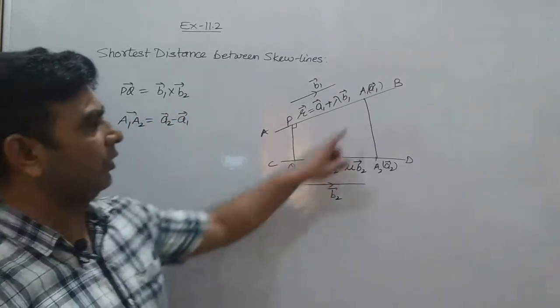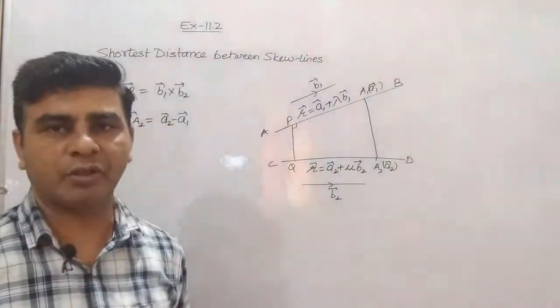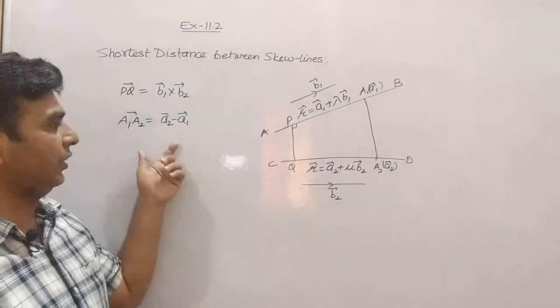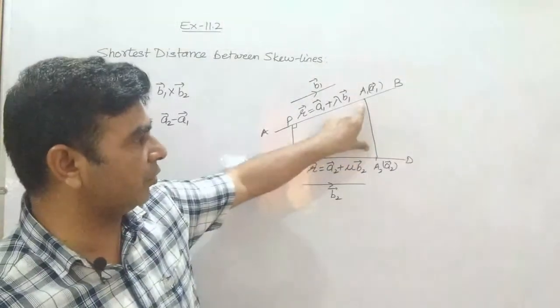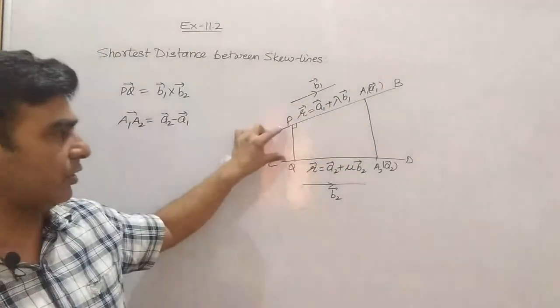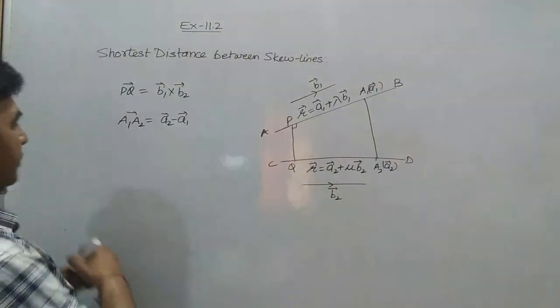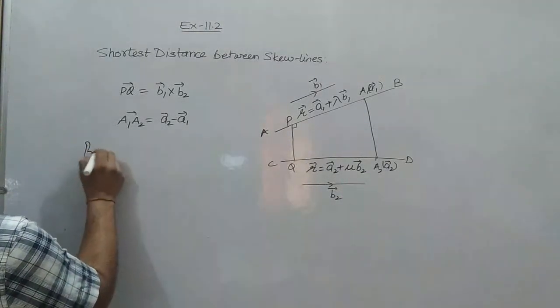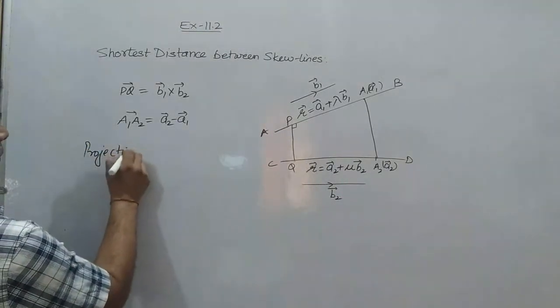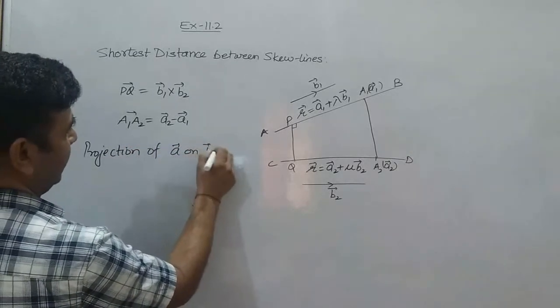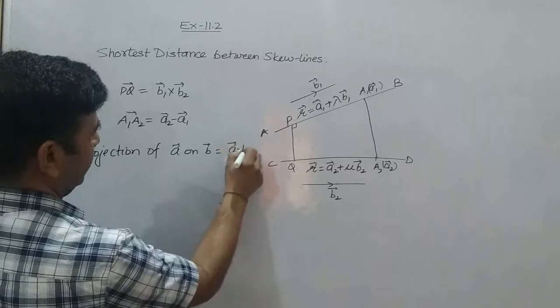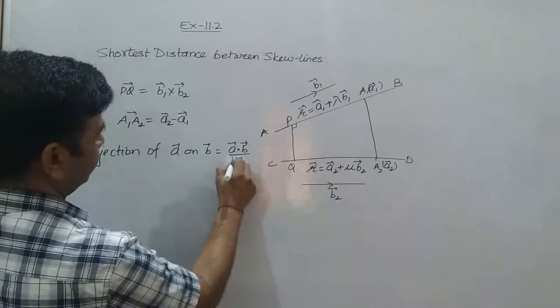The distance between A1 and A2 will be given by vector a2 minus vector a1. Now if you want to find the projection of A1A2 on the line PQ, the projection of vector A on B is always given by the formula A dot B over B magnitude.